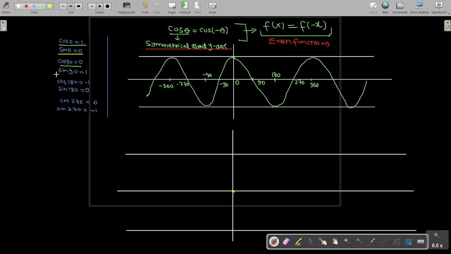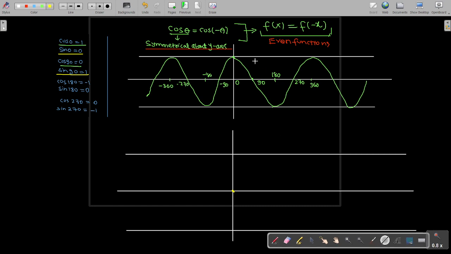Sine 90 is 1. Now let's draw the graph to scale. 90 is here, so we will draw 90 here as well. So sine 90 is 1, and sine 180 is 0.